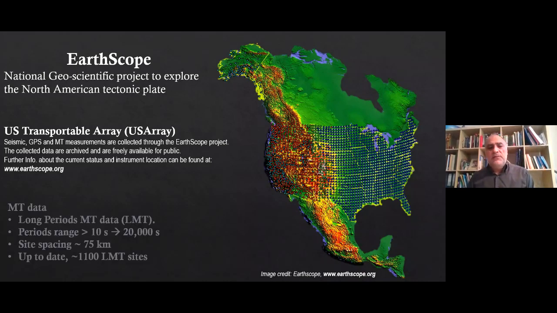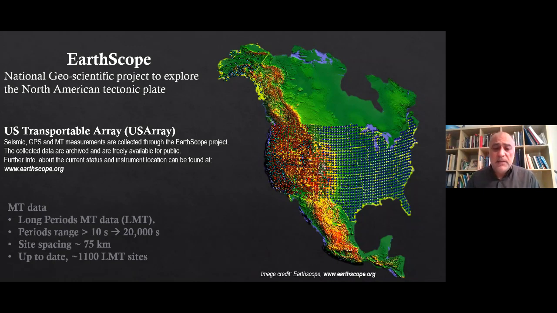For the MT array, on that scale of exploration, we are interested in deep structure, so long-period MT data are collected. The measuring time is around 3 to 4 weeks, and the time series are measured. In that case, you will get periods from above 1 second to around 20,000 seconds.